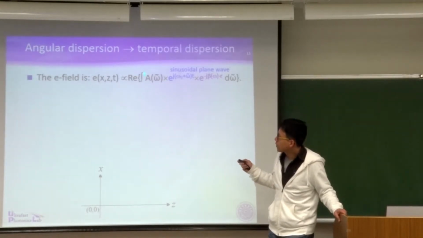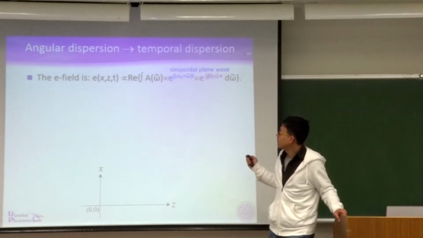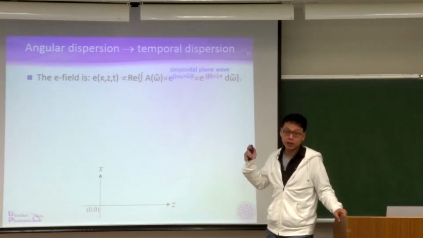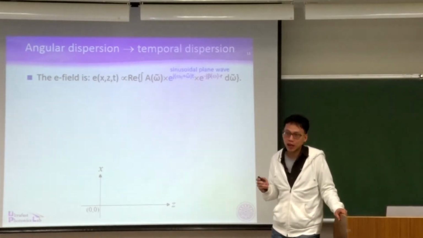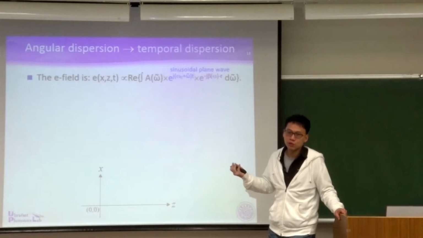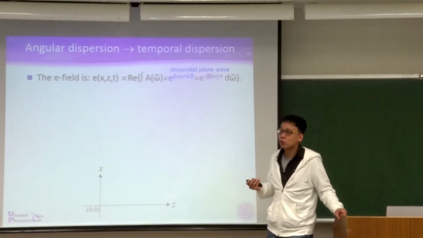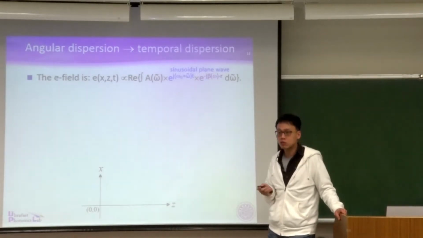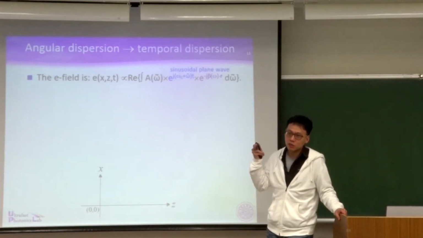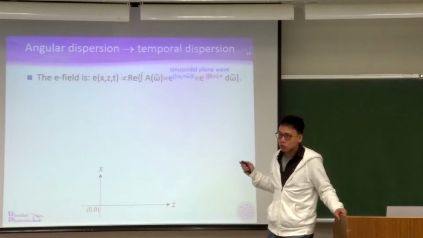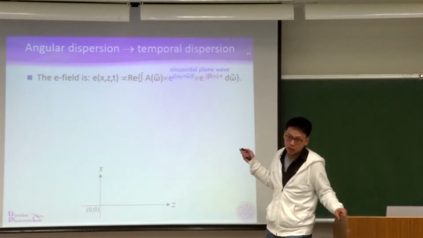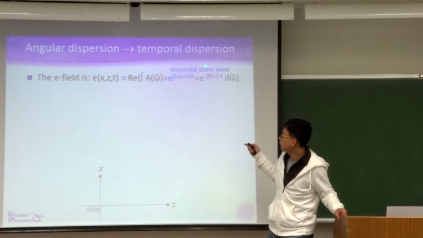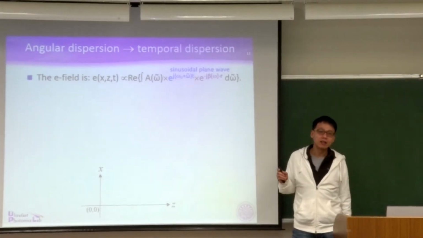Each one is weighted by this complex number, big A of omega tilde. And by superposition, you can synthesize an arbitrary electric field on the xy plane and along the time axis. We use this mathematical model to express any pulse, by superposing various sinusoidal waves. If you only superpose sinusoidal waves without this term, you get a plane wave with no spatial distribution, propagating along z only. With this term you can express richer information: the pulse is not only shaped in time, but its spatial behavior is also determined by my beta of omega.